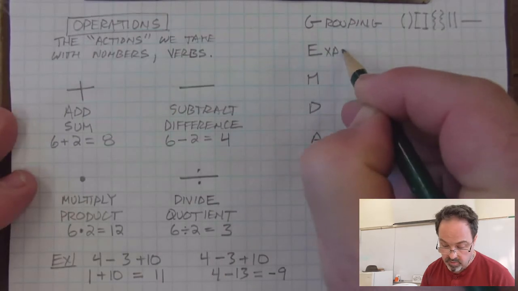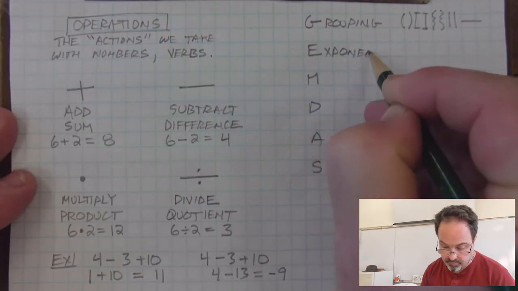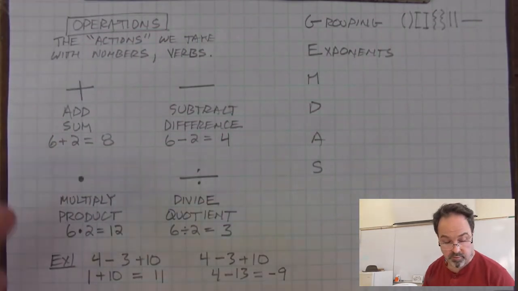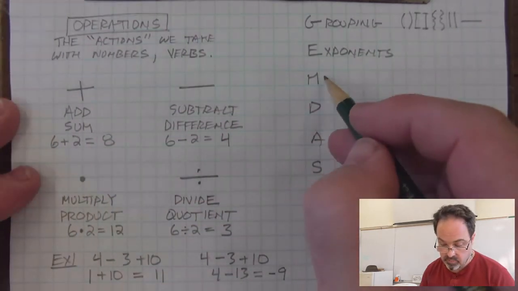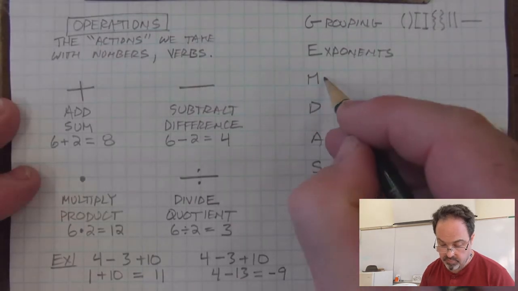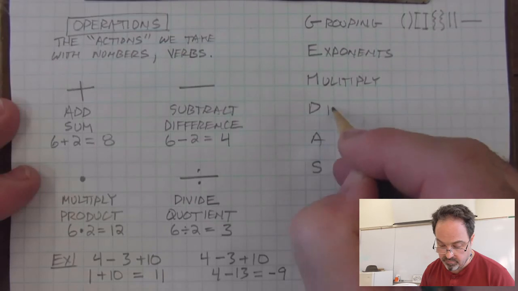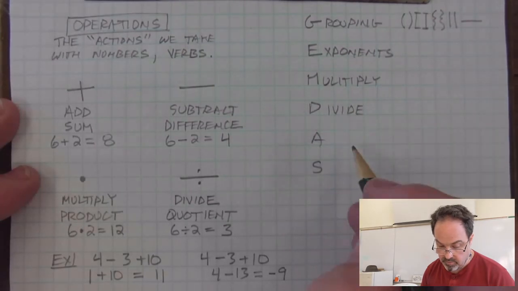Then we move on to exponents. Exponents are powers, repeated multiplication. And then we get to our 4 fundamental operations: multiply and divide, before adding and subtracting.